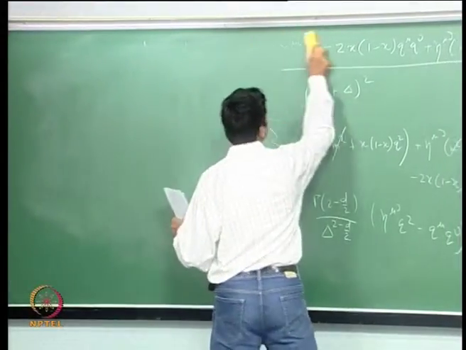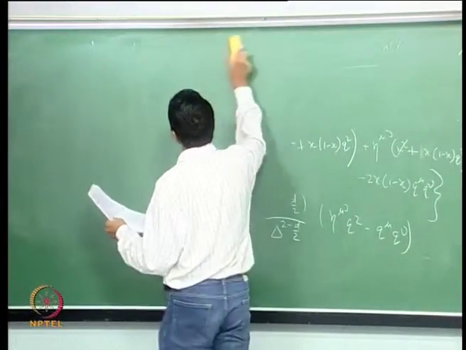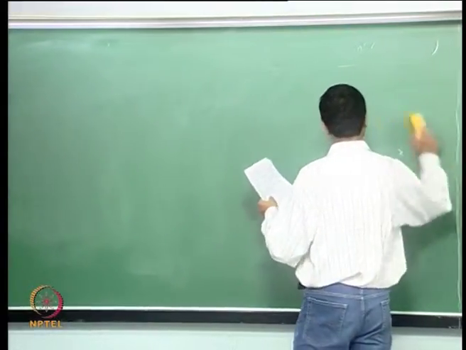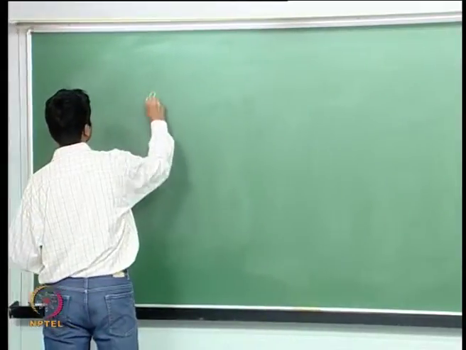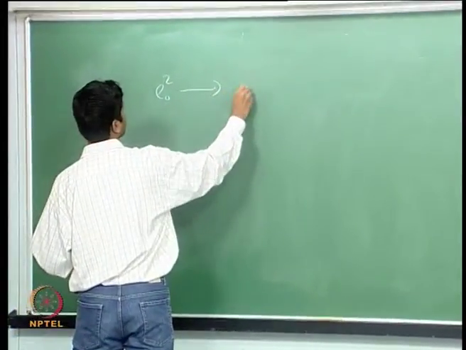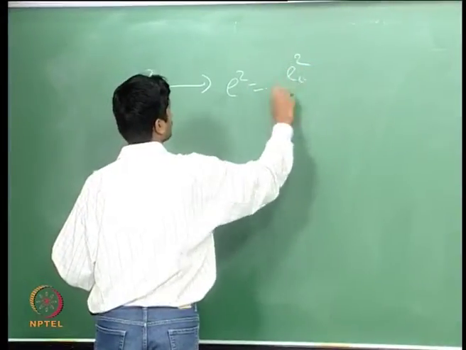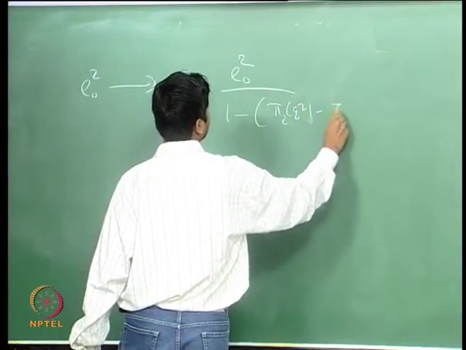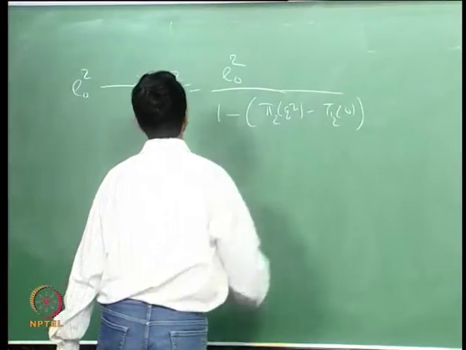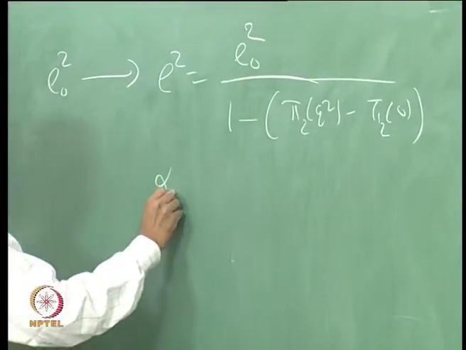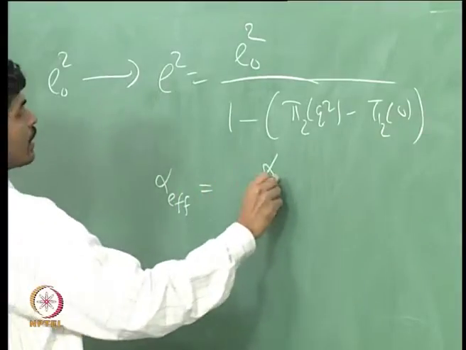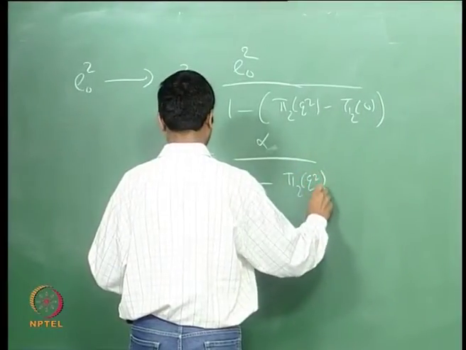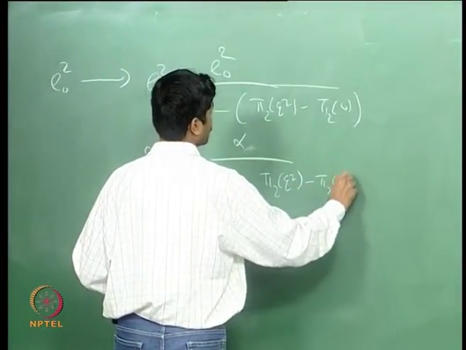So, because of this correction here, the effective electric charge up to this order is basically given by, so e0 square is basically replaced by e square, which is e0 square divided by 1 minus pi 2 of q square minus pi 2 of 0. In other words, the effective fine structure constant alpha effective is given by alpha divided by 1 minus pi 2 of q square minus pi 2 of 0.